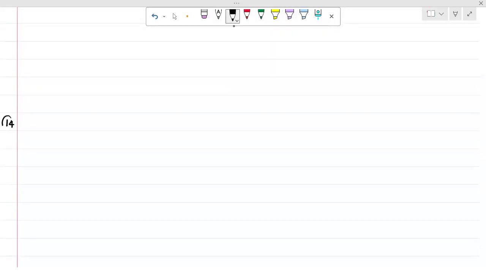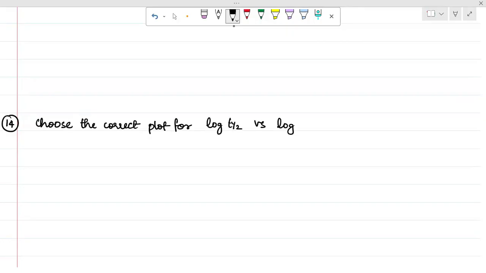One more question, graphical question. Question number 14. Choose the correct plot for log T half versus log K for a zero order reaction.